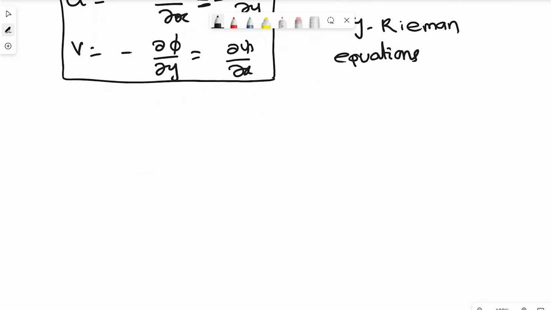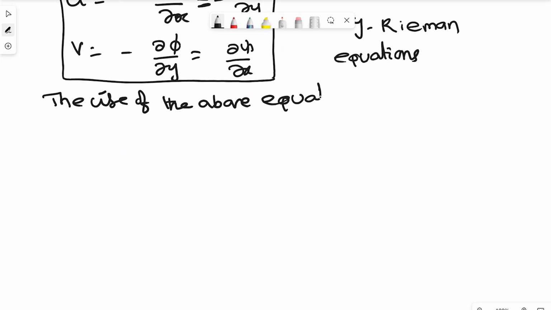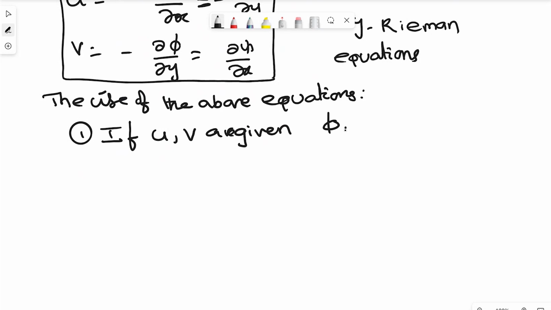What are the uses of the above equations? One, if u, v are given, phi and psi can be calculated.